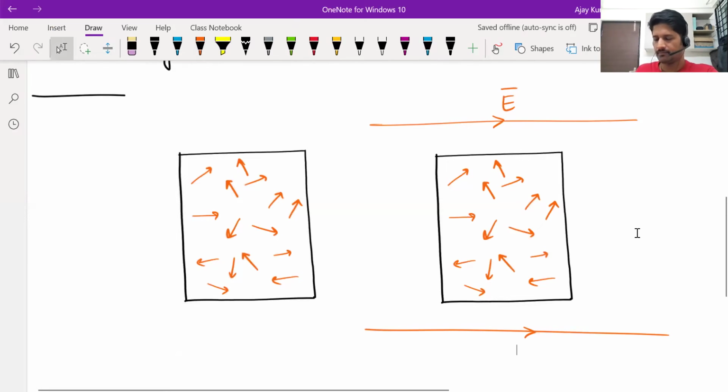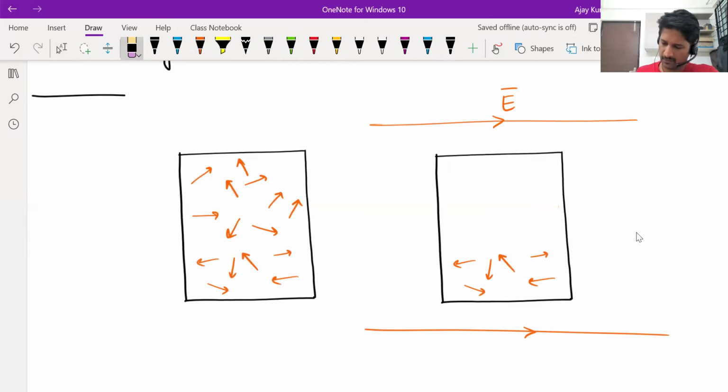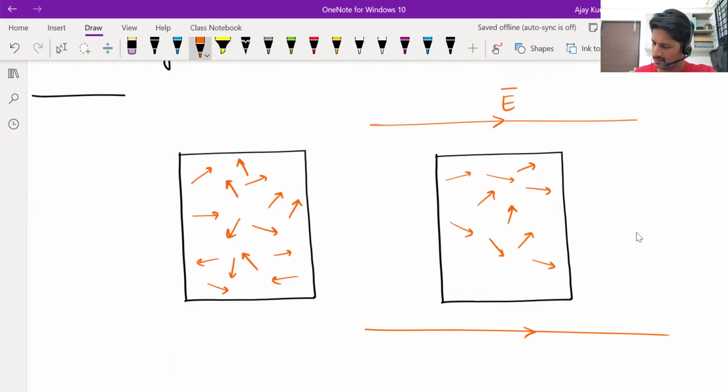They will get aligned in the direction. They'll tend to get aligned in the direction of the electric field. So you'll see a little bit of rotation. There may not be perfect 100% alignment, but more or less they will all be tilted towards the direction of the electric field. So slightly tilted to the right. This will be the situation.